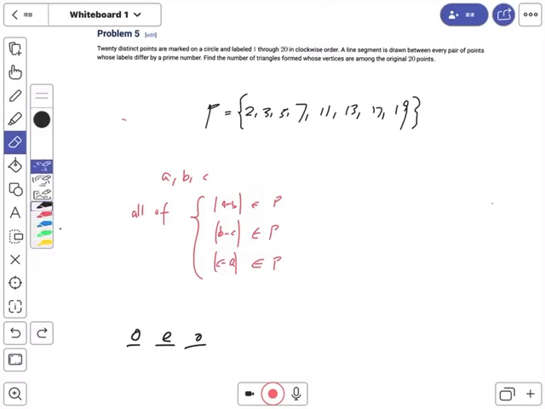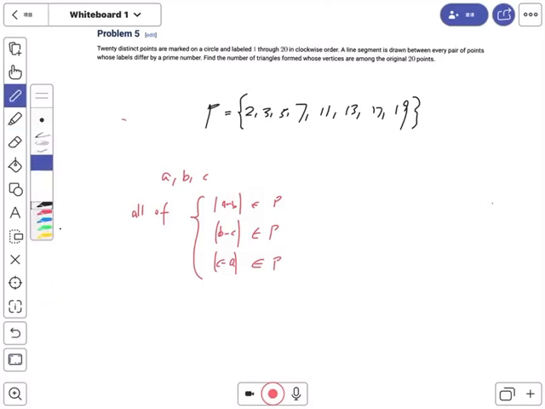So this basically means we either have 2 odd and 1 even, or 2 even and 1 odd. These are the only 2 cases.